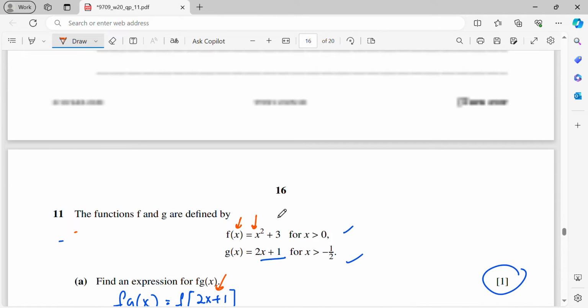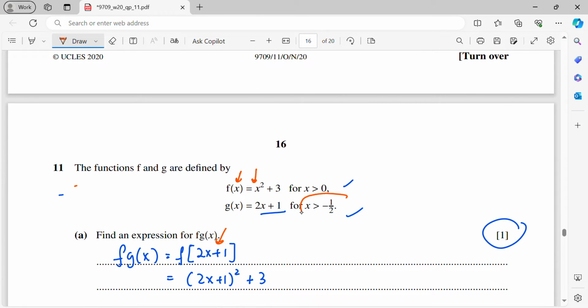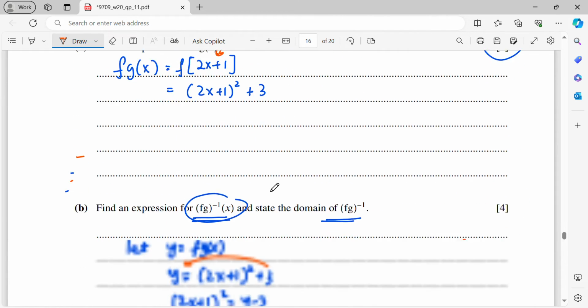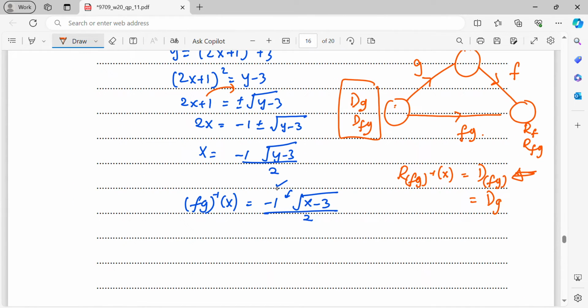Okay, so now look at the domain g. Your domain g is x greater than negative half. So domain g, x is greater than negative half, which means your range of fg inverse will be fg inverse greater than negative half.